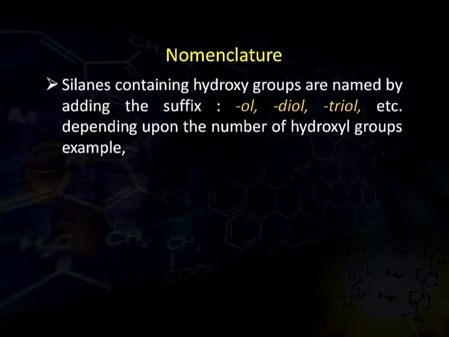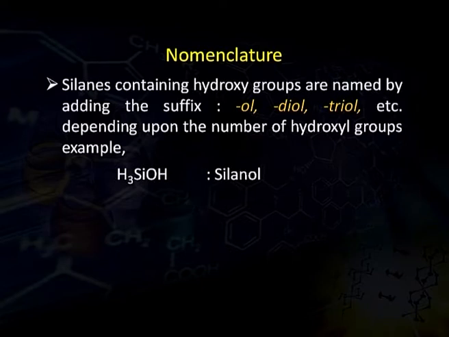For example, we have SiH3OH. In this case, we have 1 silicon and 1 OH. So, the name would be silanol. If OH had not been there, then the name would be silane. So, now 1 H is being replaced by 1 OH. In silane the spelling is S-I-L-A-N-E.